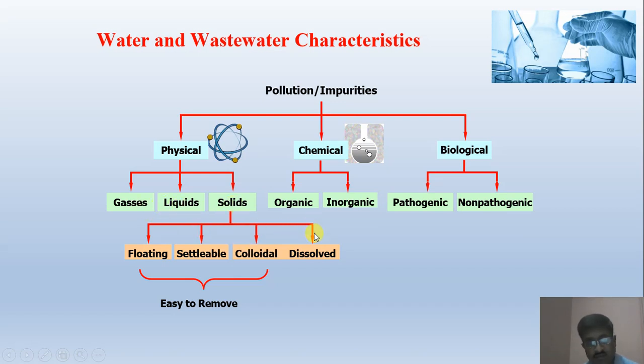Solids can be further classified as floating impurities, settleable impurities, colloidal, and dissolved. And these are especially easy to remove. Then chemical, in two parts: organic impurities, inorganic impurities. Biological: pathogenic and non-pathogenic. We'll have to focus more on the pathogenic impurities.